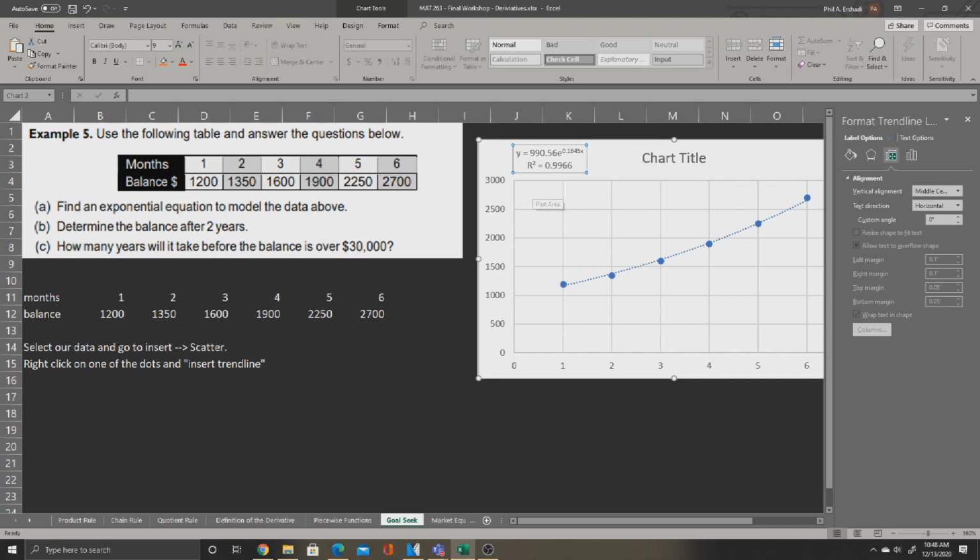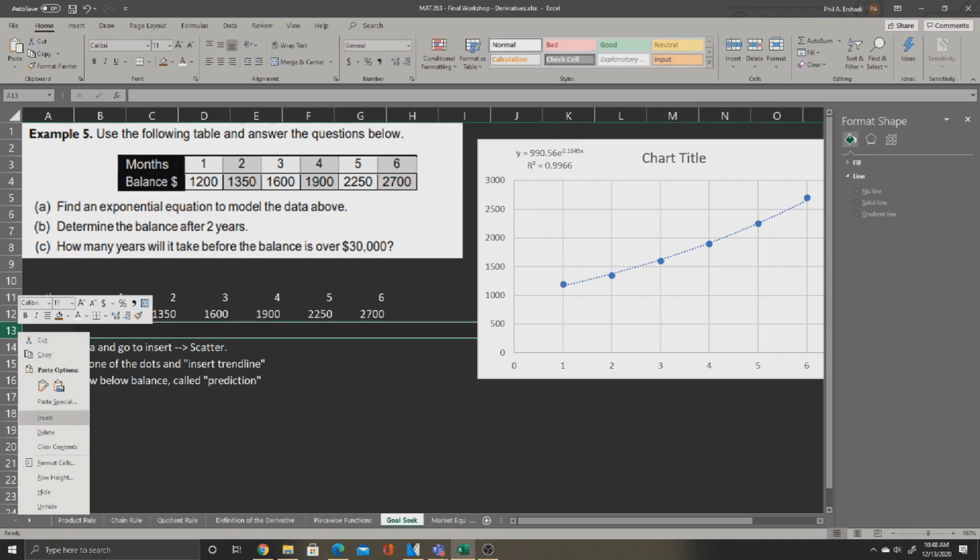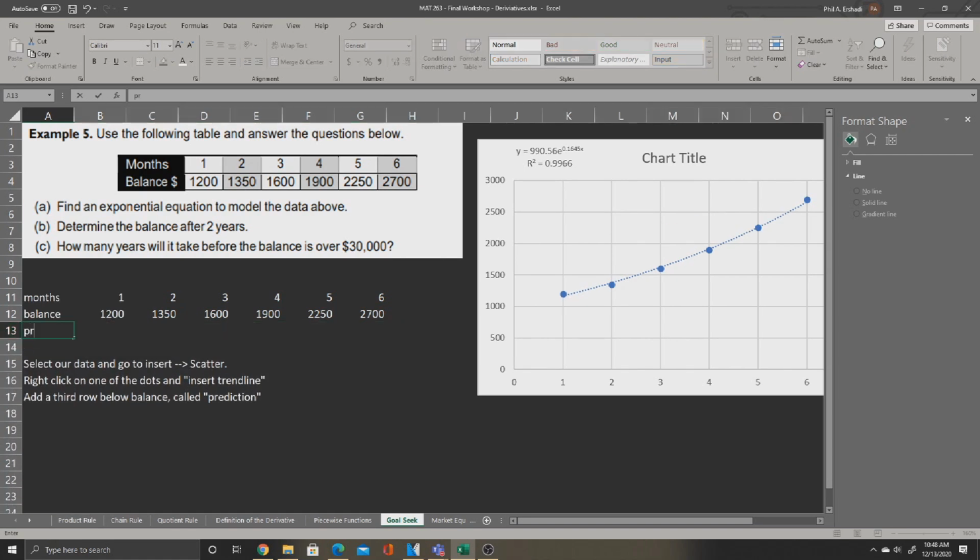So what we can do with that function is we can add a third row below balance called the prediction. So let's insert another row, type prediction, and next to prediction, type your function from the trend line that we just created.